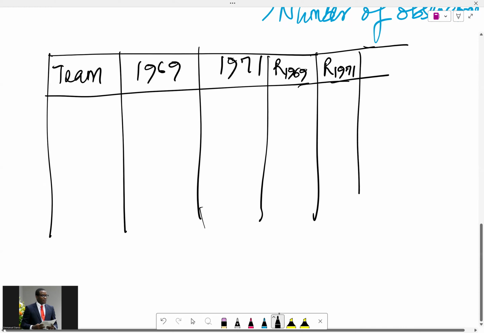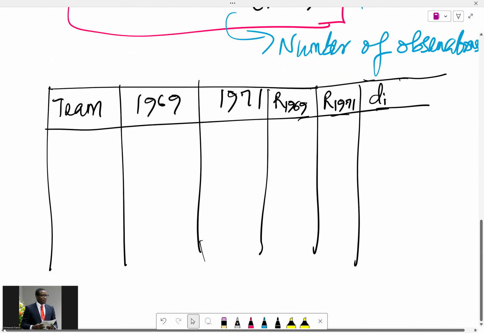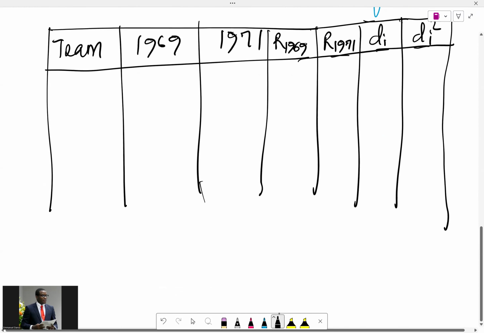Then apart from that, we now need the differences between the ranks. Those are the di's. And then from the formula, you can see that we need the square of the di's. So we now need the di squares. Once you get this table right, you're good to go.